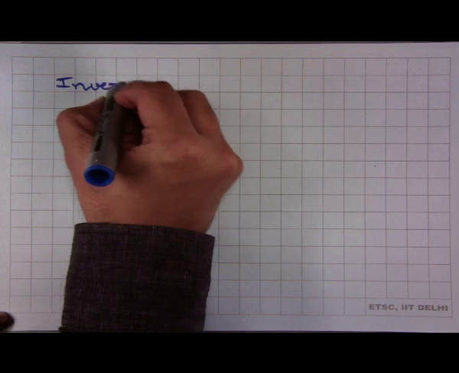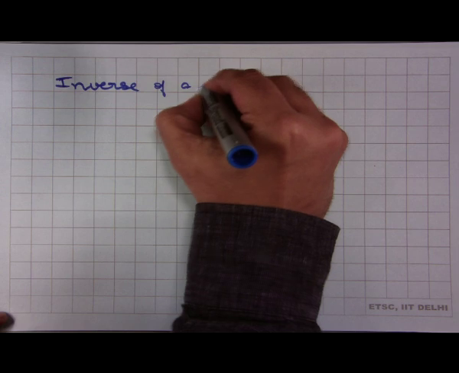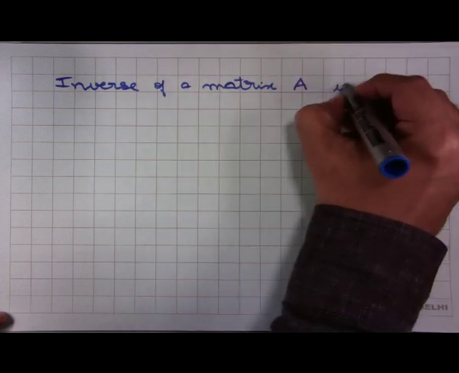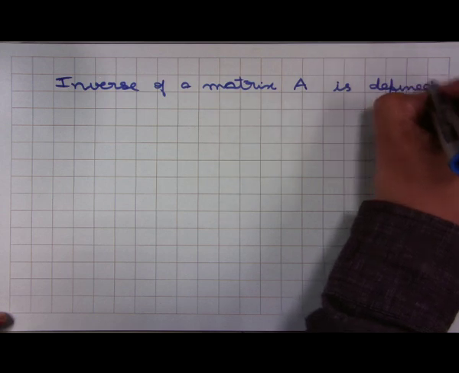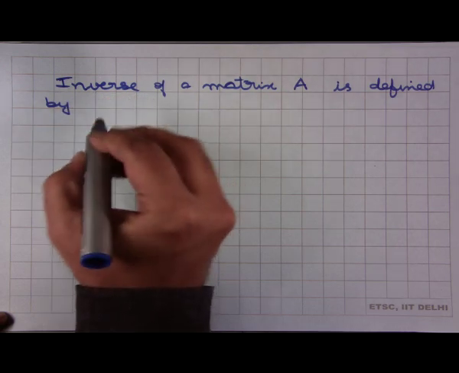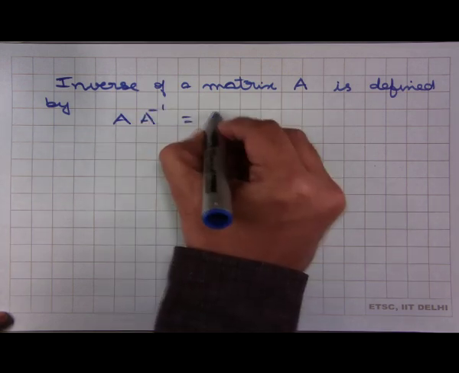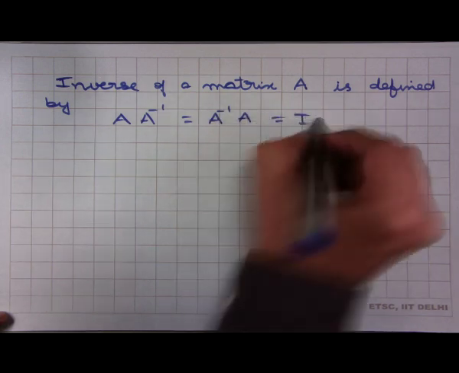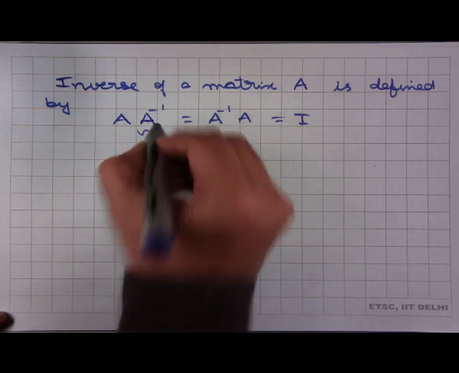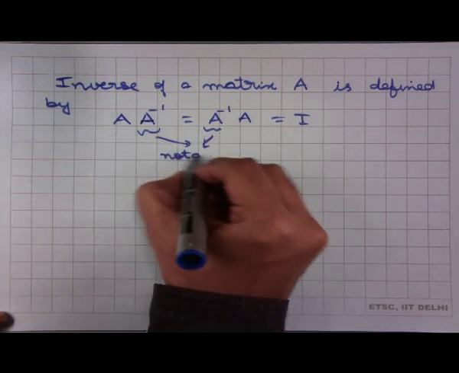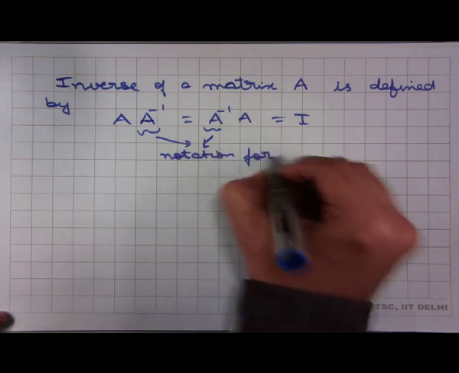So, we have: the matrix inverse of a matrix A is defined by the expression A inverse A is equal to A A inverse is equal to identity, and this is the notation for inverse.